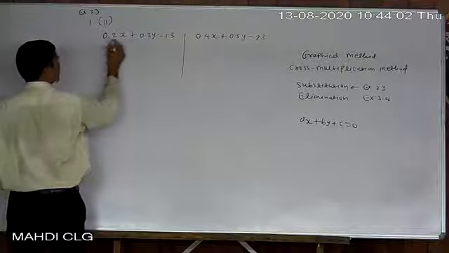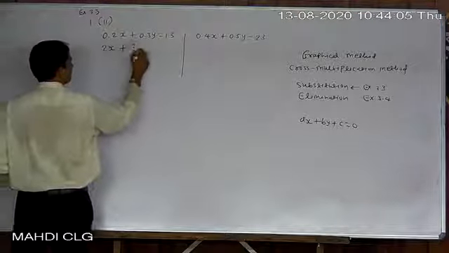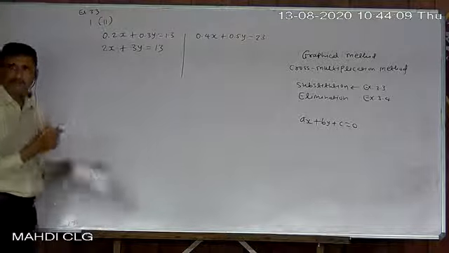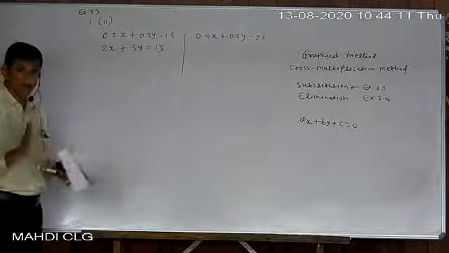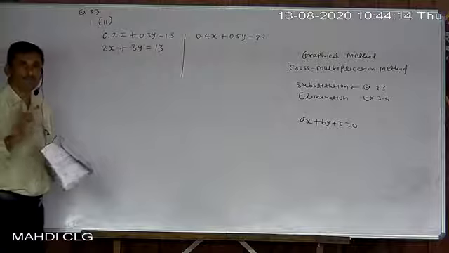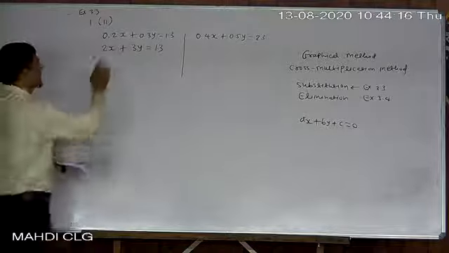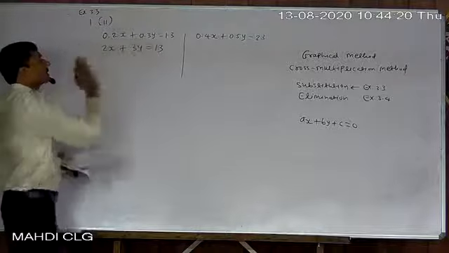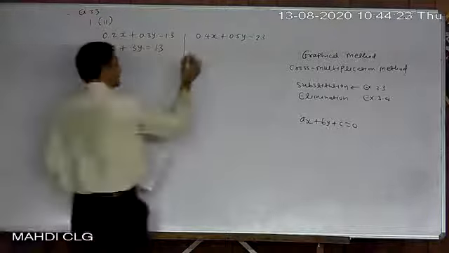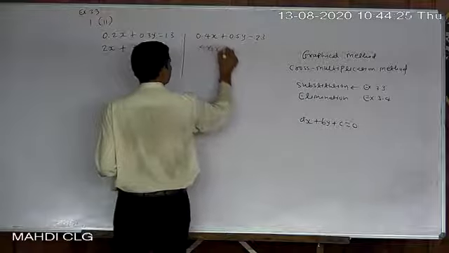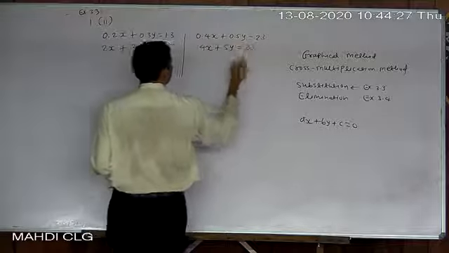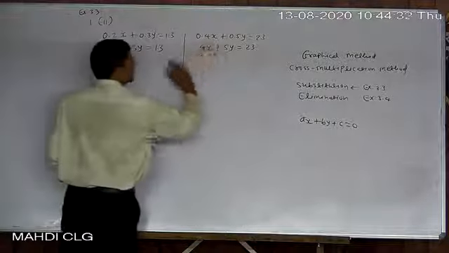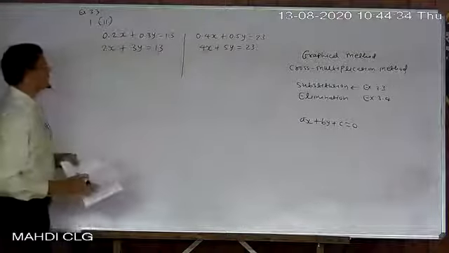So this becomes 2x plus 3y equal to 13. Multiplying the whole equation means each and every term must be multiplied by the same number. Why did I select 10? Because 10 gives an integer everywhere. Same way, here it is 4x plus 5y equal to 23. Okay, so we obtain both equations in integer form.